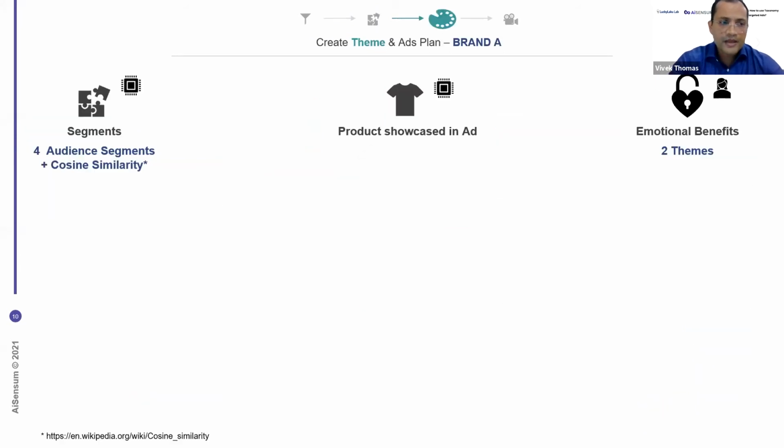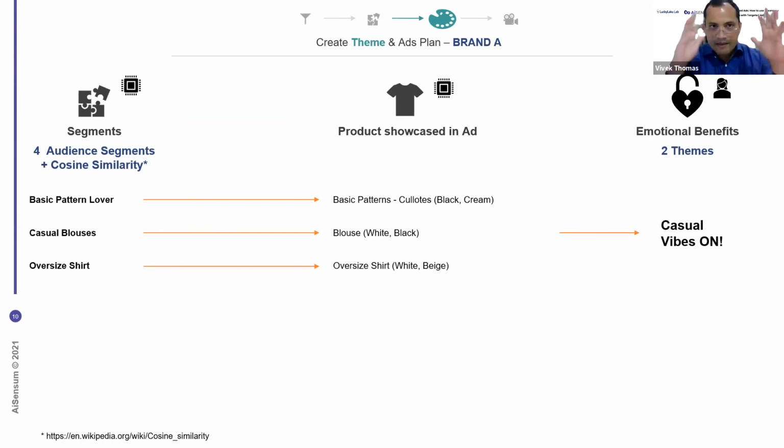As you move forward over here, let's look at what we can do with this information. Remember, brand A had 4 audience segments. Now, I'm going to introduce another little bit of a technical concept. This is called cosine similarity. What that means is, on a multidimensional space, which products bunch up together.